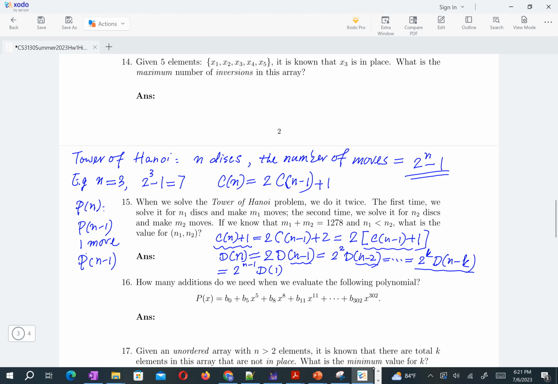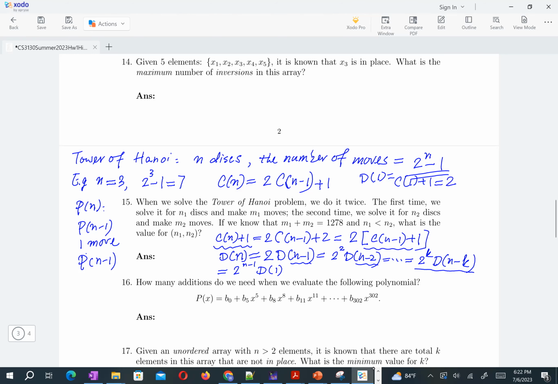What is d of 1? Because d of 1 equals C of 1 plus 1, right? What is C of 1? One disk, how many moves do you make? One move, to the destination. So C of 1 is 1, and 1 plus 1 is 2.